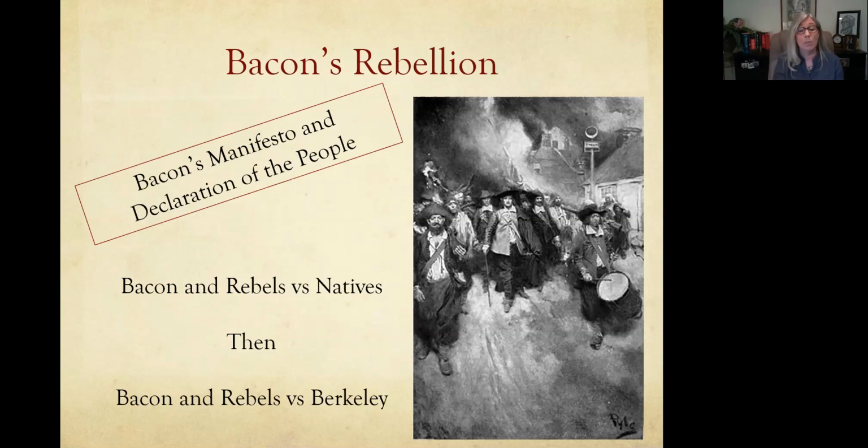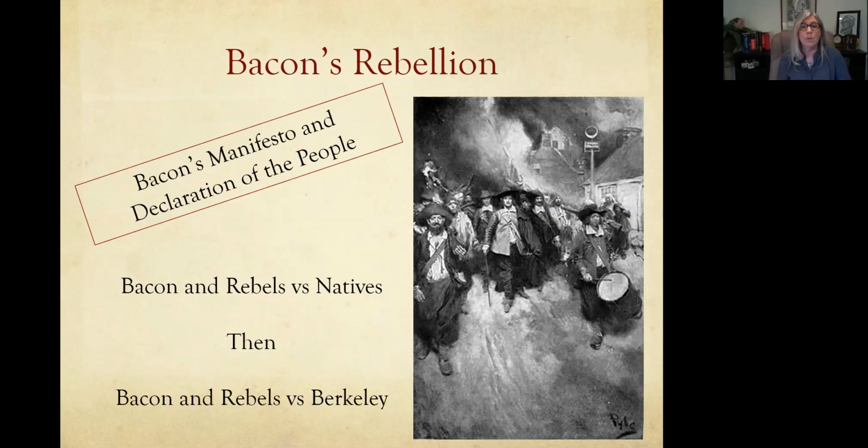And so the last thing William Berkeley wants is to make the Indians angry because that's going to hurt his financial security. Well, Nathaniel Bacon doesn't care, so he and the rebels go up against the Indians, and they cause this conflict. And William Berkeley is absolutely furious with Nathaniel Bacon for encouraging this, and William Berkeley puts Nathaniel Bacon in prison.